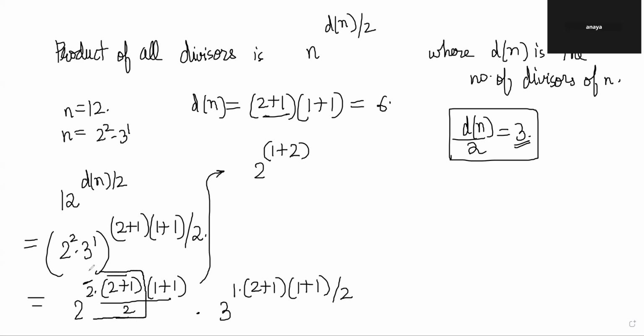And here we have 1 plus 1. Similarly, for 3, here you have 1 into 1 plus 1 by 2, which is obviously 1 only.